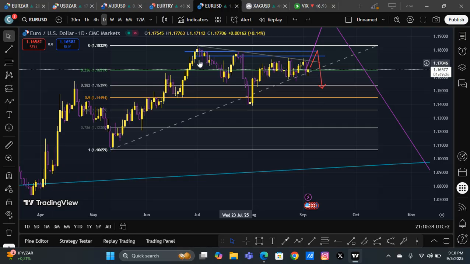So that's how I correlated this back to the euro, expecting the euro to be bearish as well. But in terms of price action, we normally expect the currency pair to come up to this level and that level. This is just an order block. That's how I draft my entries.